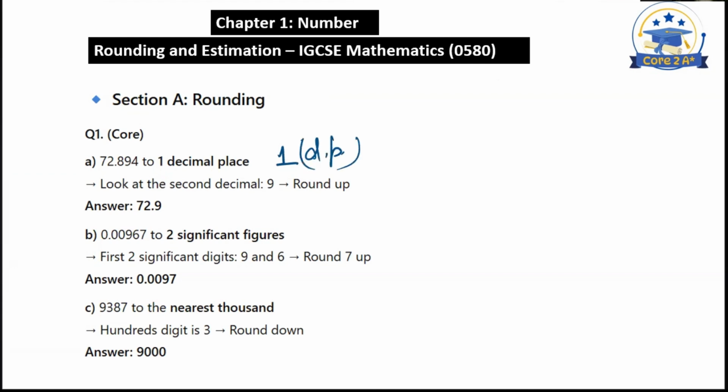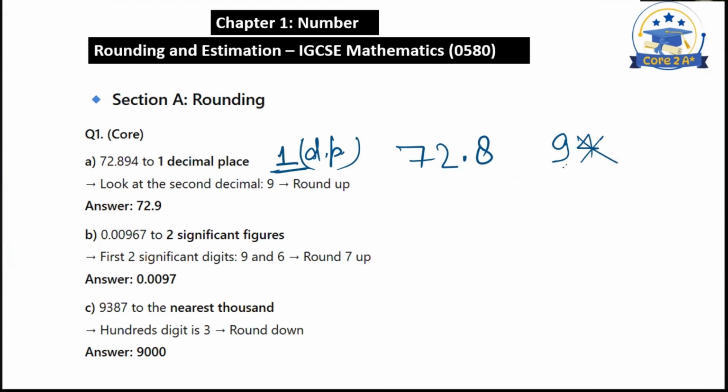So how can we do that? 72, as it is. One decimal place, so write 8, and after 8, what is the number over here? 9 and 4. Just ignore the 4.